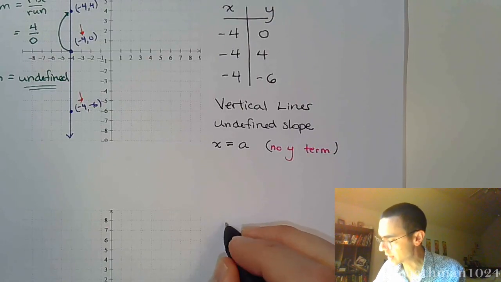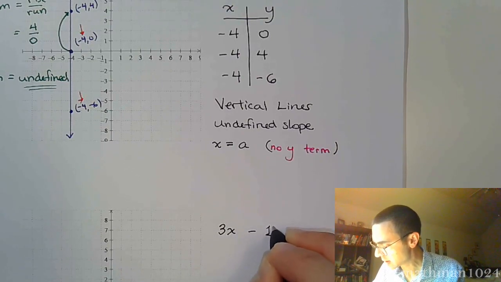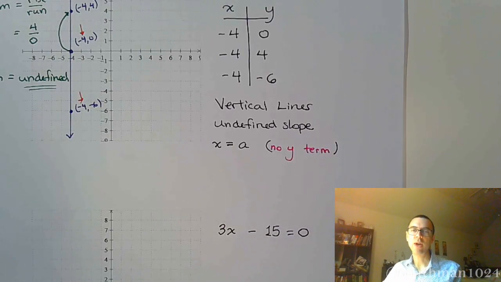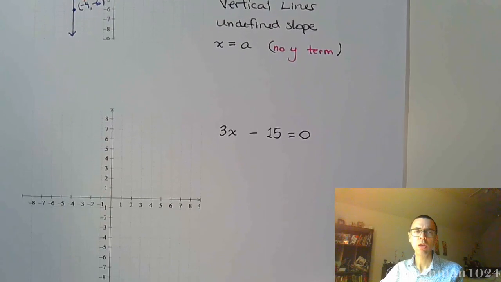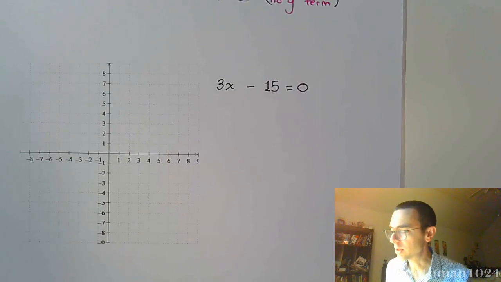So if I gave you this and I say 3x minus 15 is equal to 0, and we need to graph that. One of the first things that you should notice is that it doesn't contain x and y, it just contains x. So if it just contains x, we just got done saying how that's going to be a vertical line. But for us to figure out where the vertical line is, we need to solve this for x.